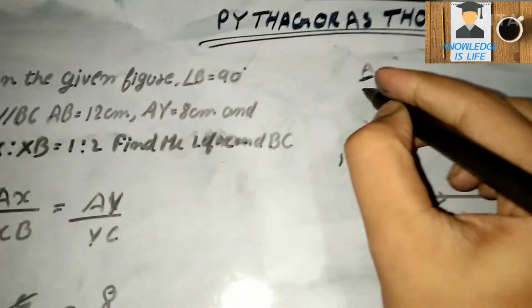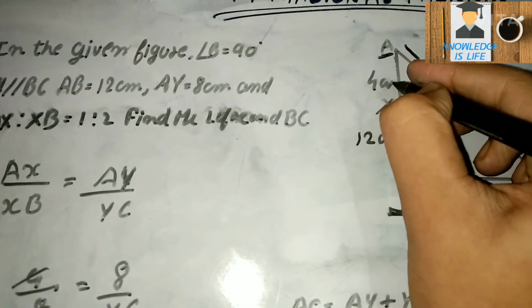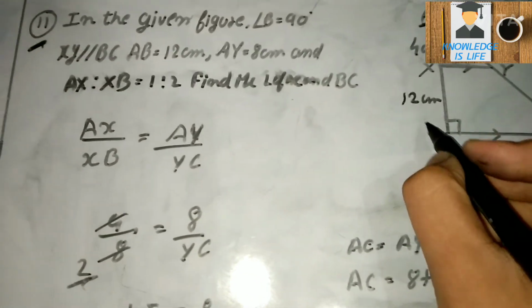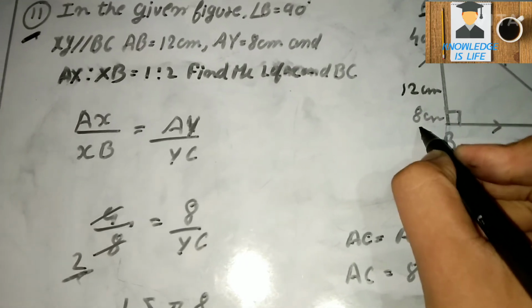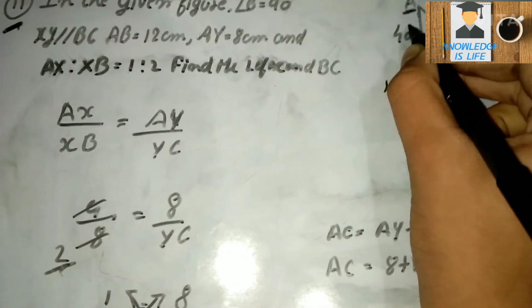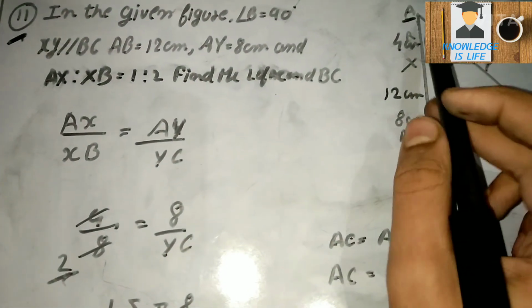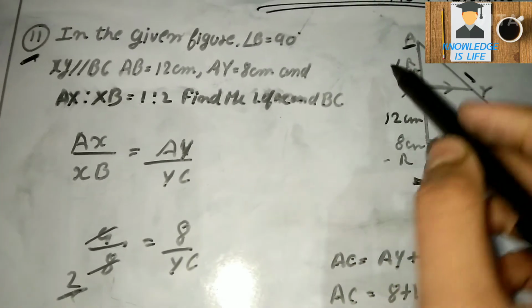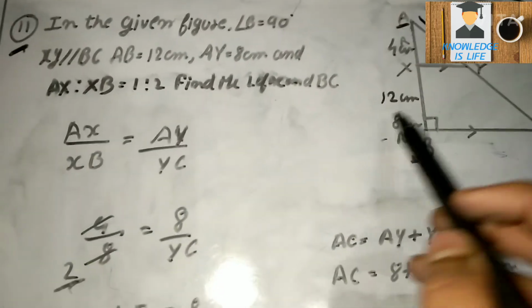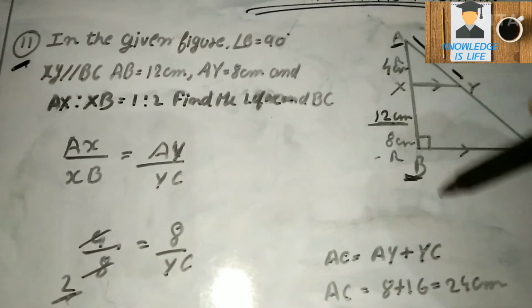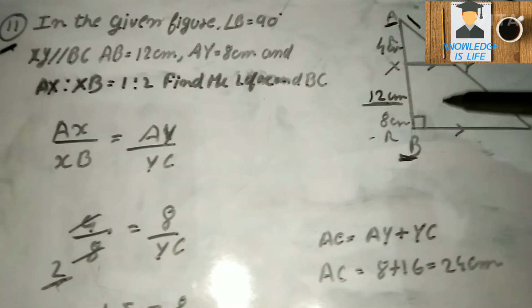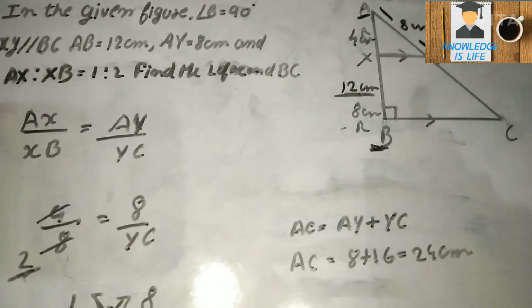Okay, so friends, our AX is 4 centimeters, our XB, meaning this line, is 8 centimeters. So AX is 4 and XB is 8. If you add these, you will get 12. So the whole line AB is 12 centimeters, AX is 4 centimeters, and XB is 8 centimeters.